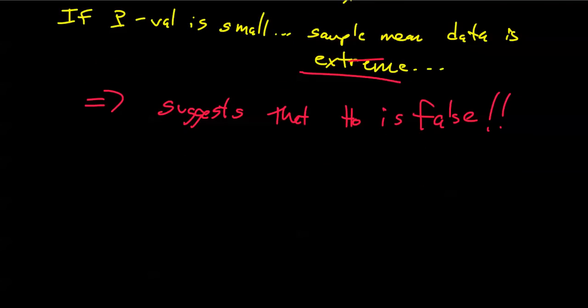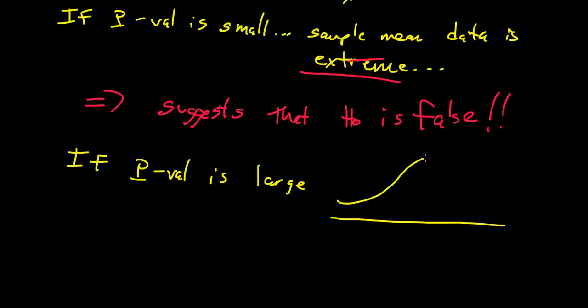And of course, conversely, if your p-value is large, well, I can draw kind of a crude graph of that. And remember, we're converting everything to a z-score to compute our p-value.